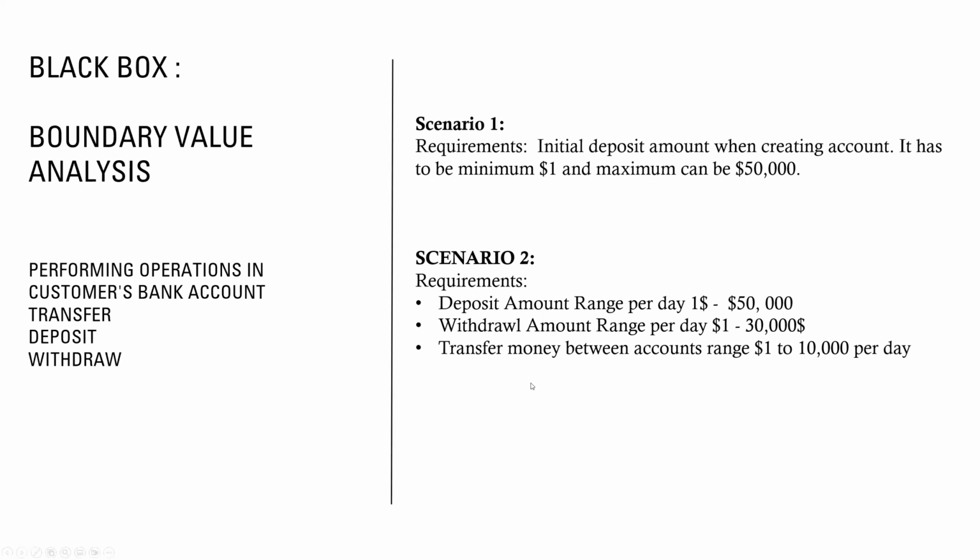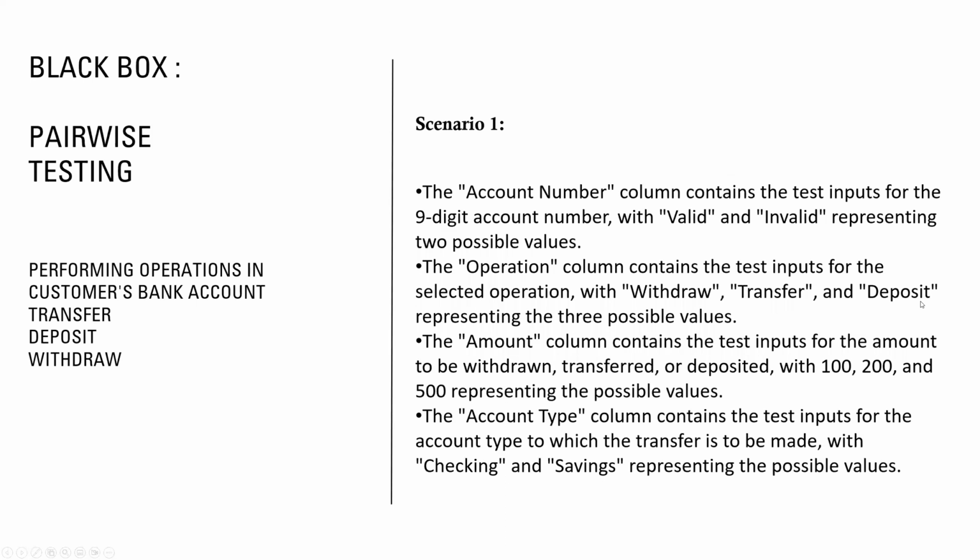The customer can deposit a minimum of $1 and a maximum of 50,000 per day. It cannot exceed that. For the withdrawal amount range, it's $1 at least, and the maximum is 30,000. For transfers between the accounts, it is 10,000 per day. This is our boundary value analysis and the requirements for the test cases here.